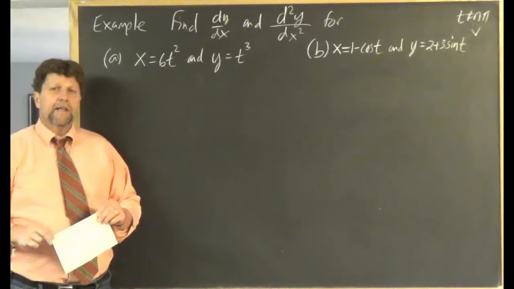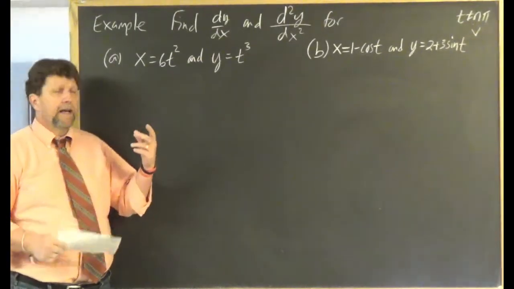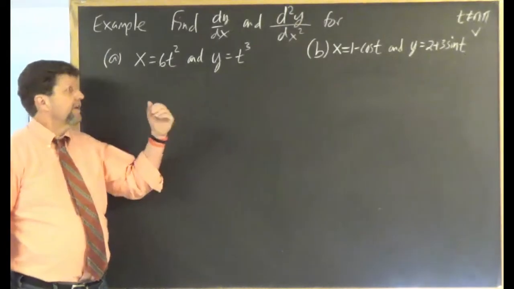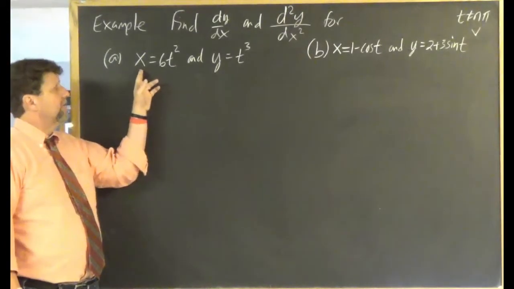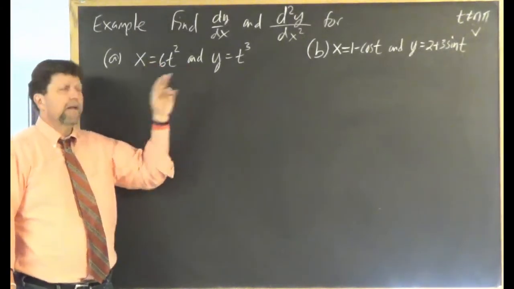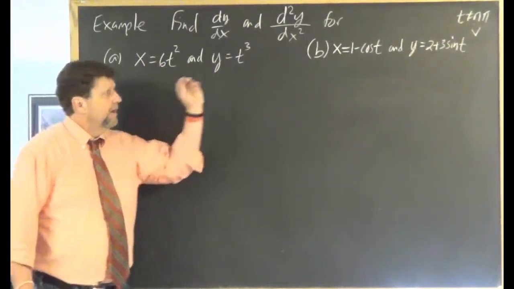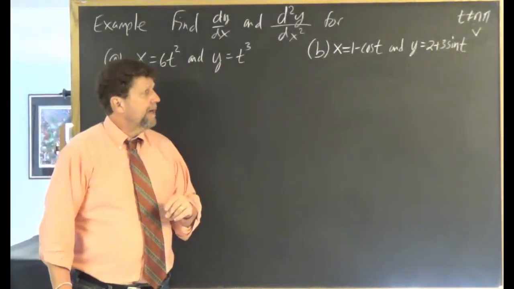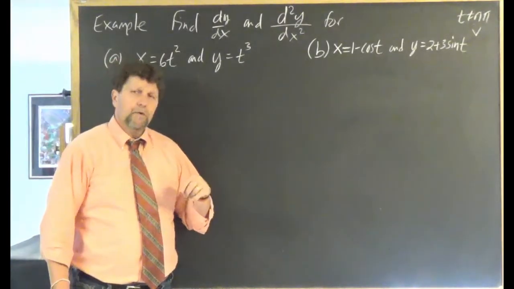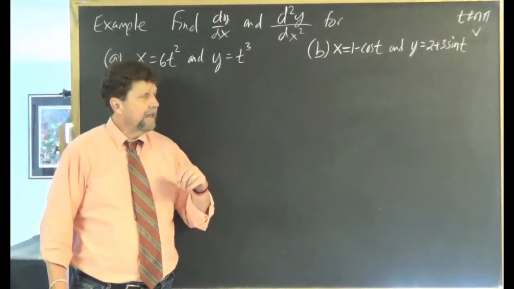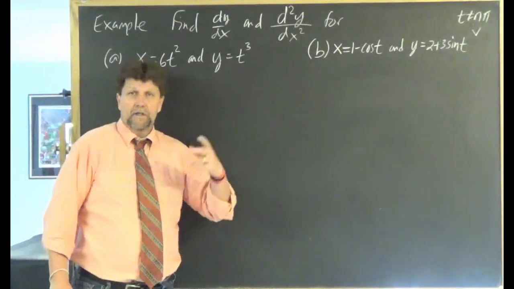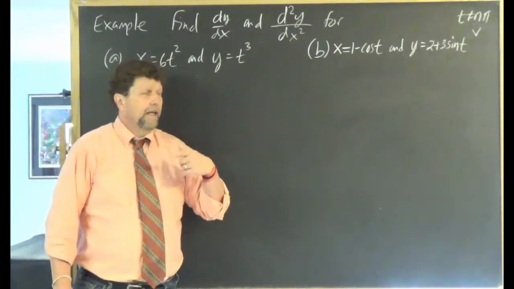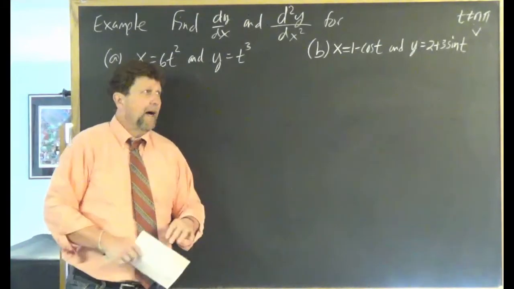All right, folks, in this example, we're asked to determine dy dx and the second derivative for, in part A, the parametric equations x equals 6t squared and y equals t cubed. Then in part B, x equals 1 minus cosine t and y equals 2 plus 3 sine t, as long as t is not an integer multiple of pi.